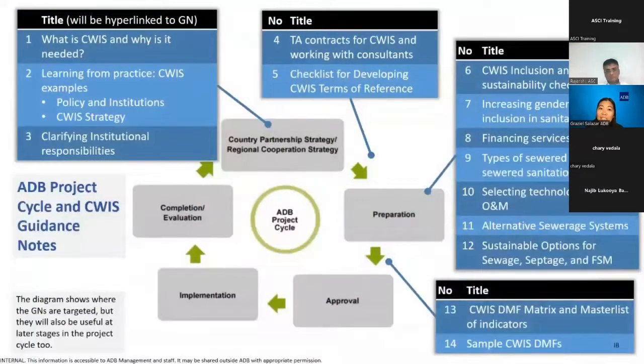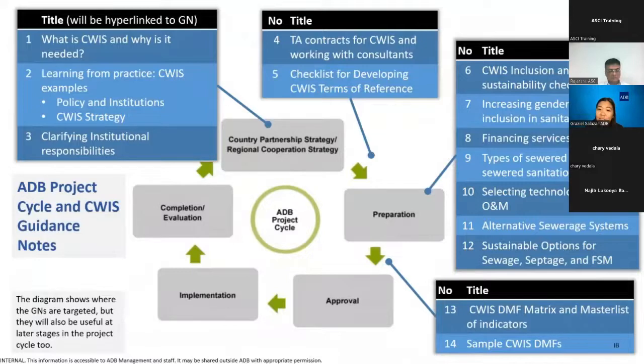How does the CWIS framework play into mainstreaming the CWIS concept in the ADB project cycle? We have the Citywide Inclusive Sanitation guidance notes, which aim to aid in effectively embedding CWIS principles in planning and delivering sanitation services in ADB developing member countries. We can see in this diagram the ADB project cycle.